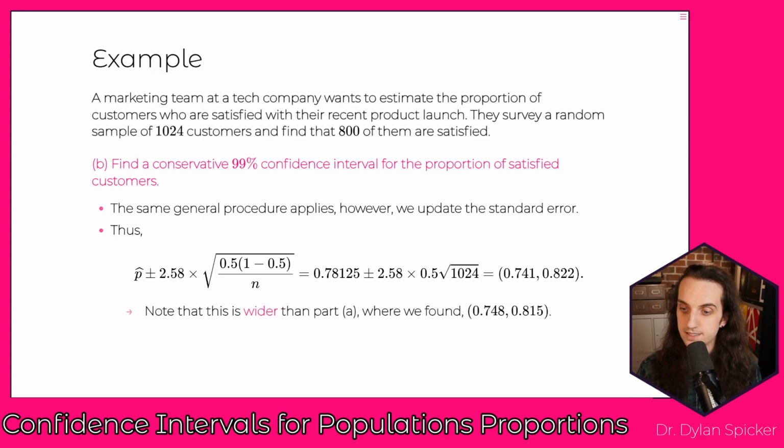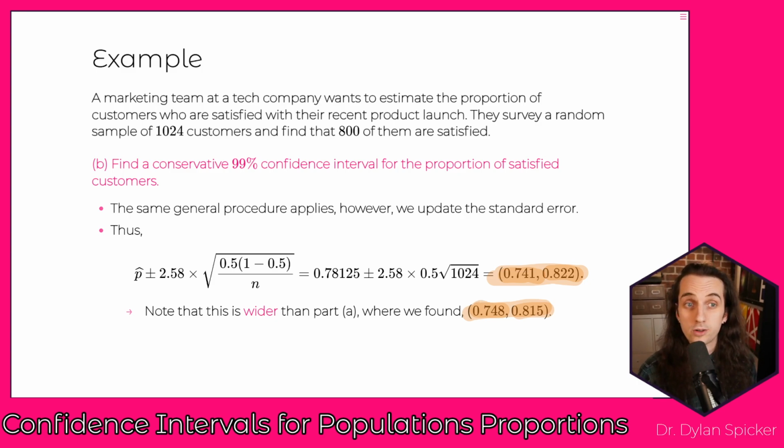And the thing to note in this case is that it's wider than the interval that we found in part A, where the interval we found in part A was 0.748 to 0.815. And so if we notice, the lower bound of this new interval, 0.741, is smaller than the lower bound before, and the upper bound at 0.822 is higher than the upper bound that we found before. And so this interval here is simply wider than the first interval we found.